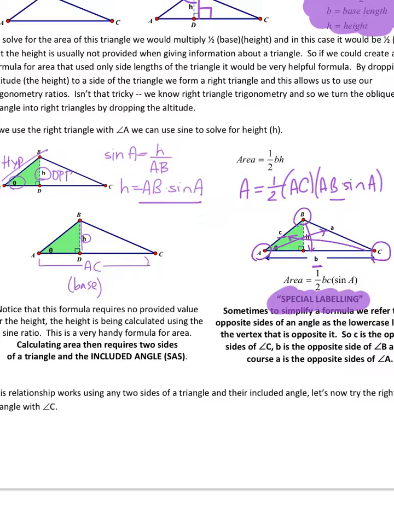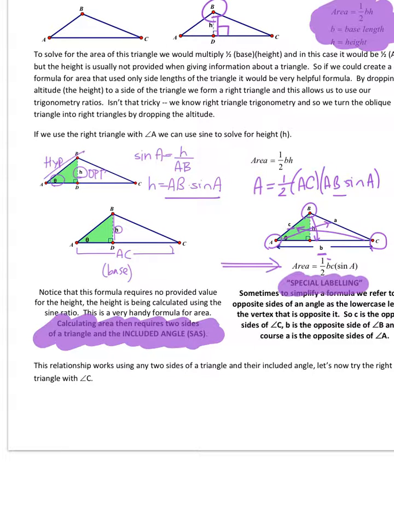And so you'll notice below the triangle I've marked up, we have area equals, instead of AC we have b, instead of AB we have c, and then times sine of A. And so really understanding that we can calculate the area of a triangle if we are given two sides and the included angle. And this relationship will hold true.